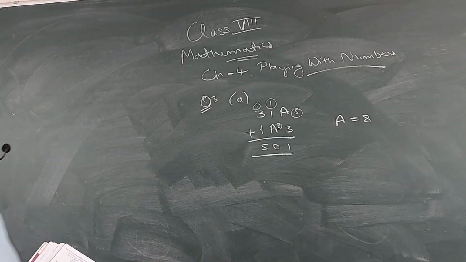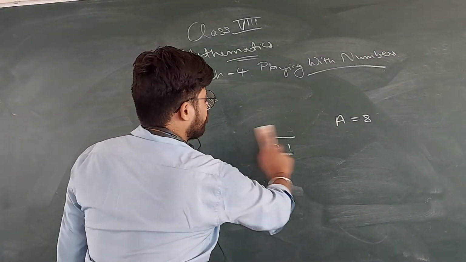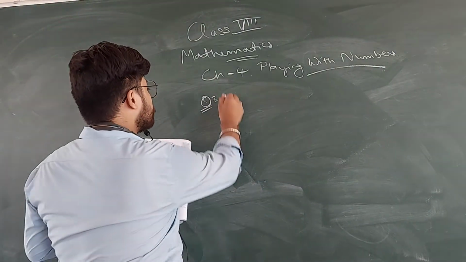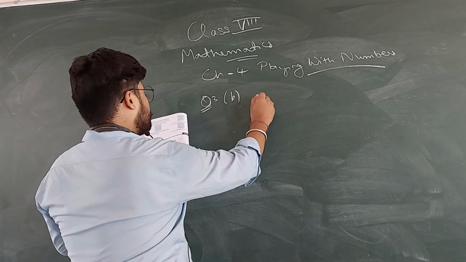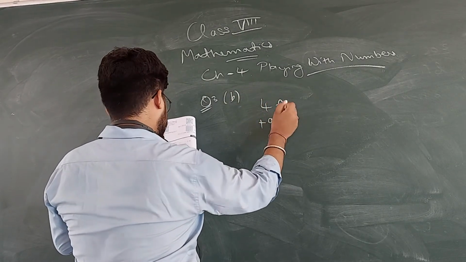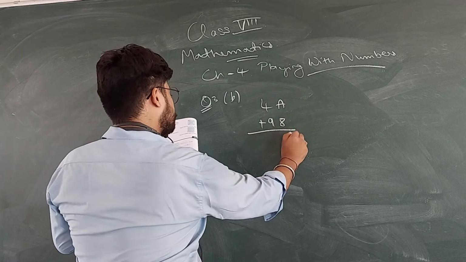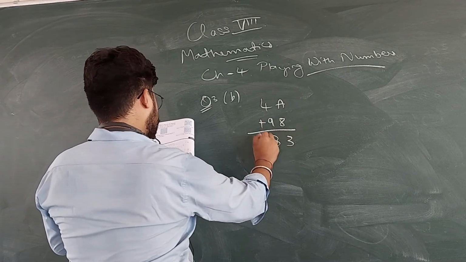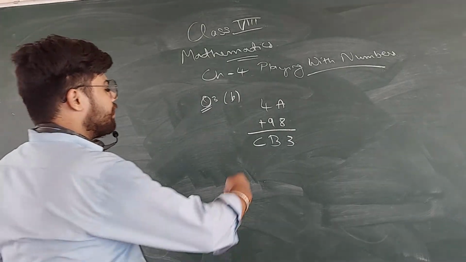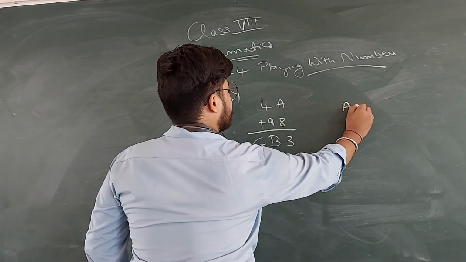Now the B part. This is also the concept of coding and decoding. For the B part, 4A plus 98, and the answer is 3, then B and C. Now what value do we have to put for A so that we get 3 here?